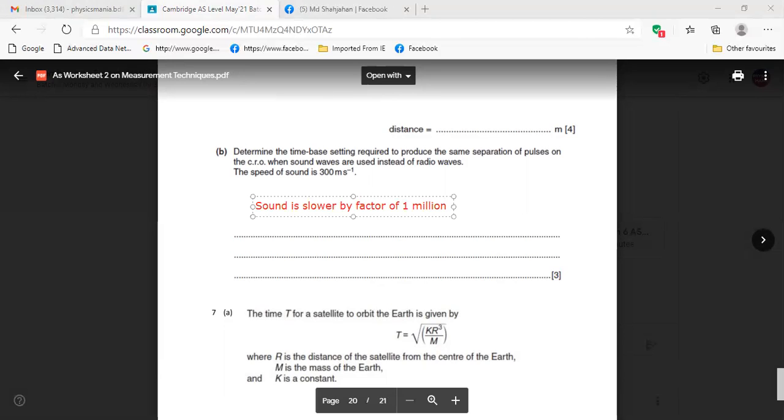Yes, sir. 10 to the power 6. It's easier for you to write 10 to the power 6, because here I have to sketch it if I want to write 10 to the power 6. That's why I wrote 1 million. Sound is slower by a factor of 1 million than radio wave, right?